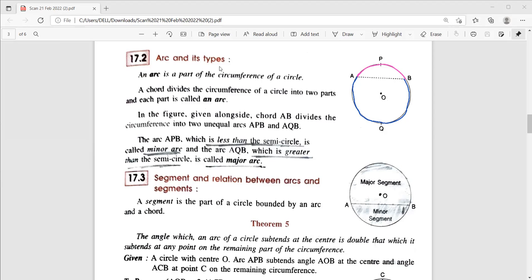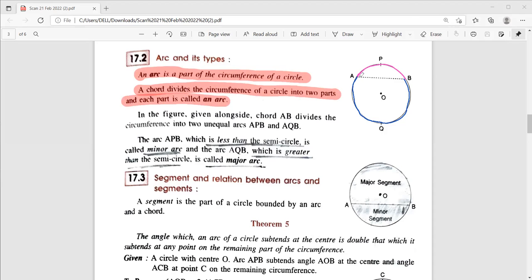So here what is written? Let us read it fast. An arc is a part of the circumference of a circle. A chord divides the circumference of a circle into two parts, and each part is called an arc.